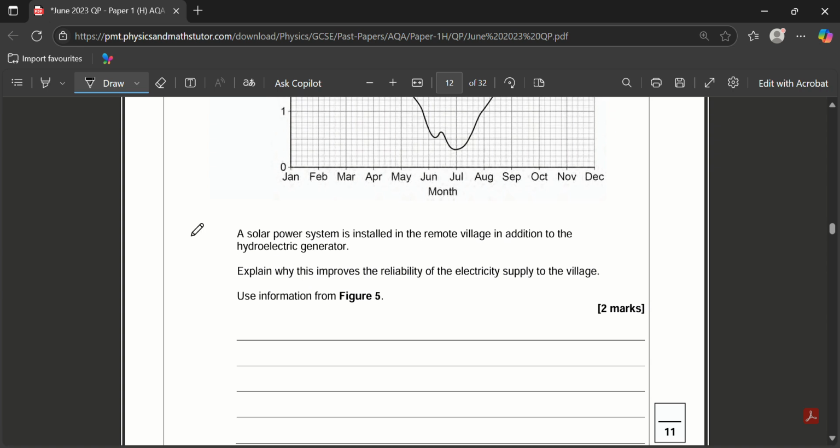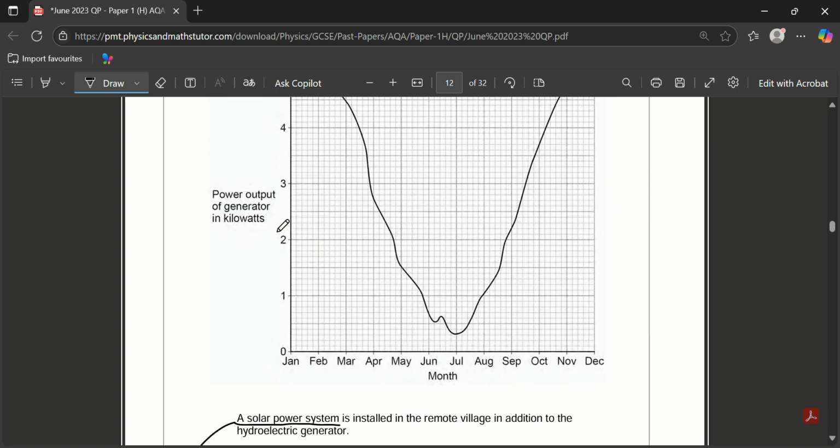So this solar power system, using this, it will probably have a greater power output than the hydroelectric one, I think. Because if we look here, it kind of dips at this end of the graph.